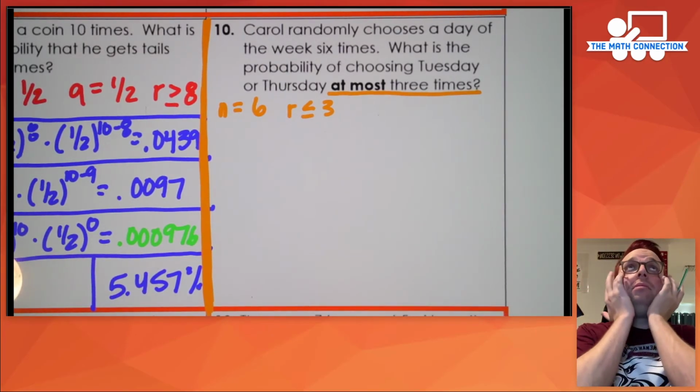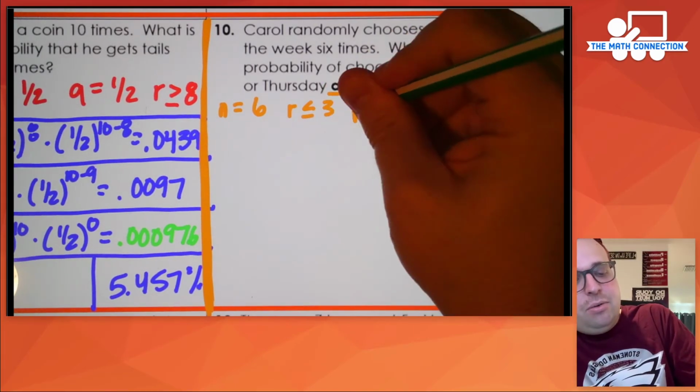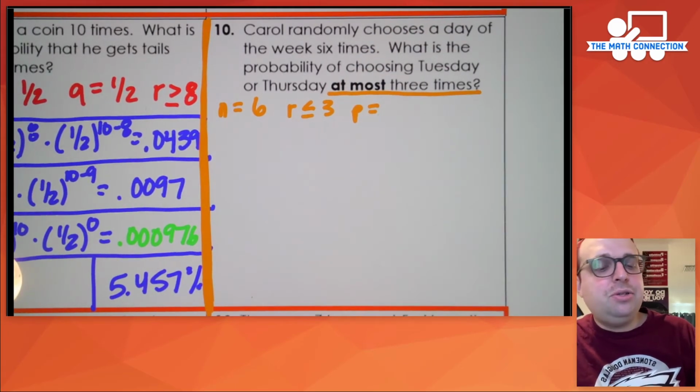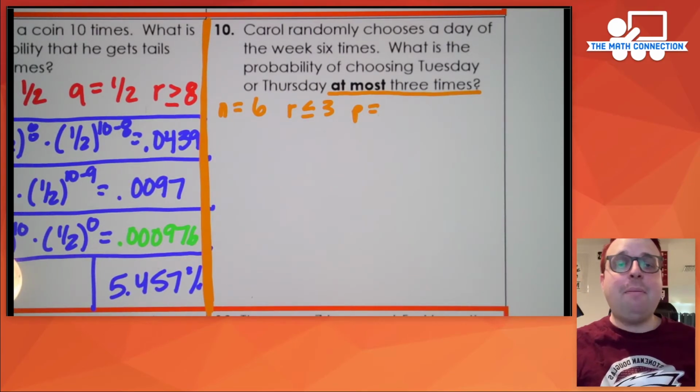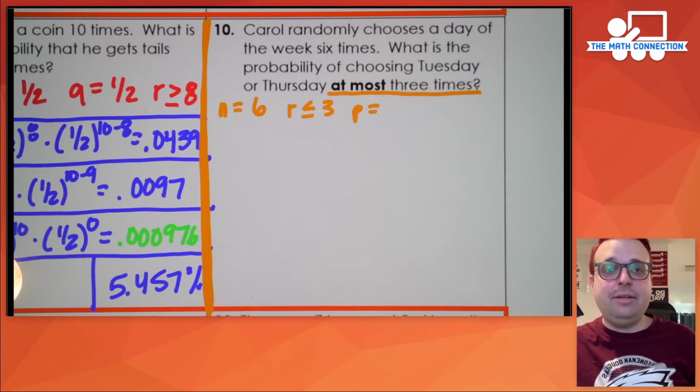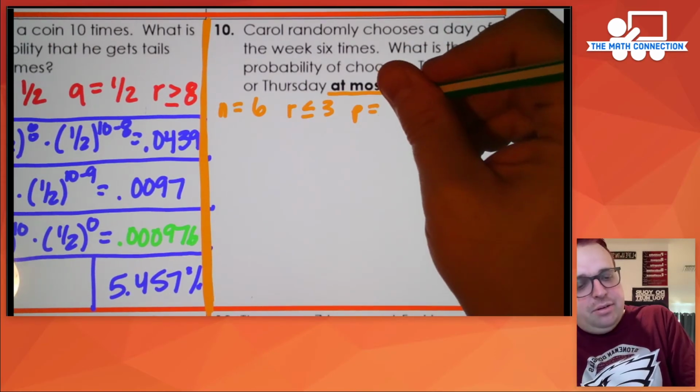So the probability of success would be choosing Tuesday or Thursday. How many days of the week are there? 7. How many of those are Tuesday and Thursday? 2 of them. So the probability would be 2 out of 7.